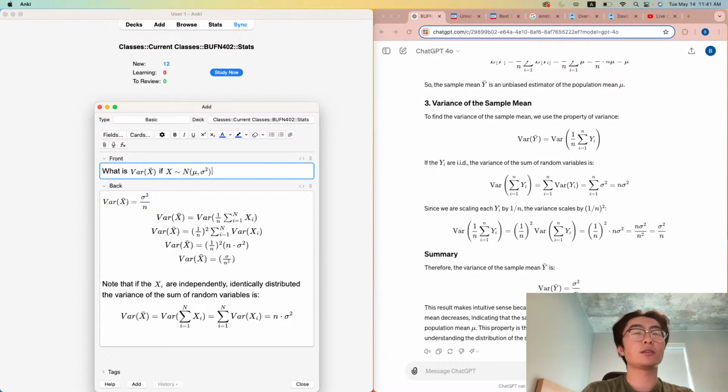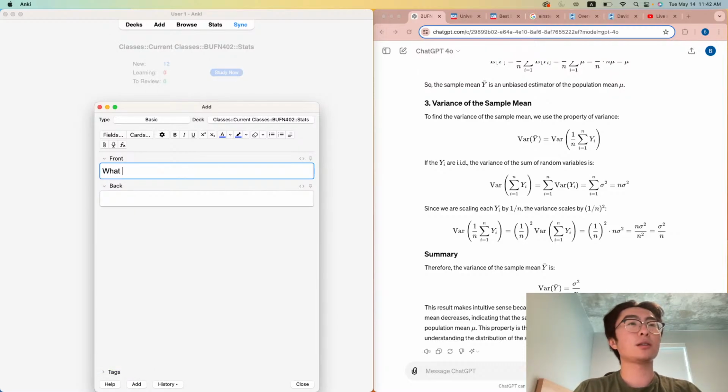and then maybe I could add, why does it make sense for variance? So explain the intuition behind the variance of the sample mean.